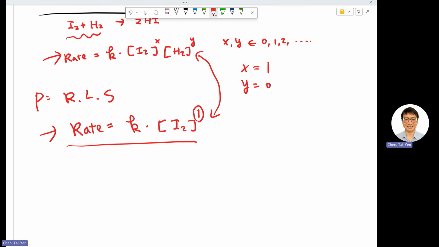Therefore you know that what you write here already satisfies the format you are looking for in your rate law. Once you have that, you know you're done. Any questions on this?